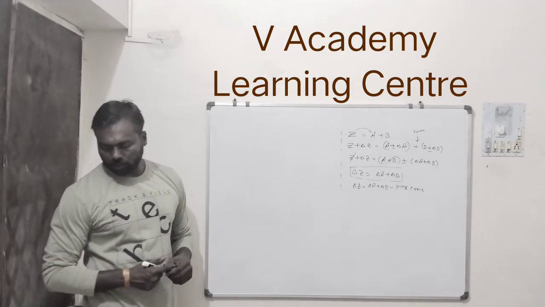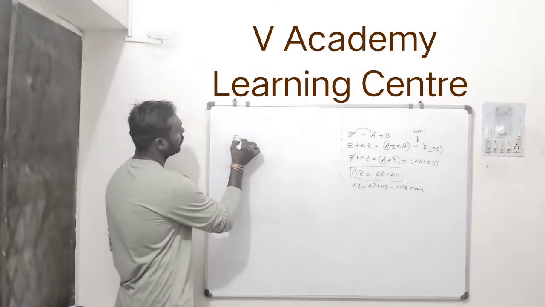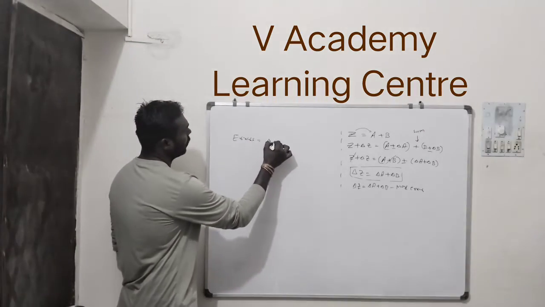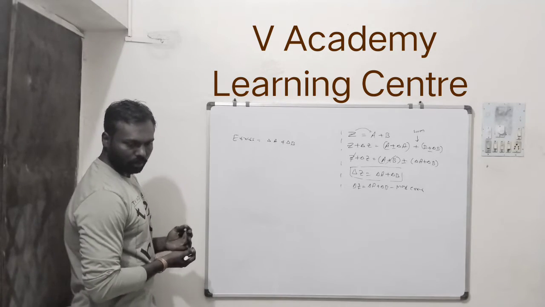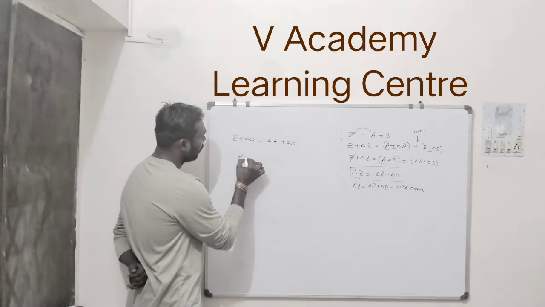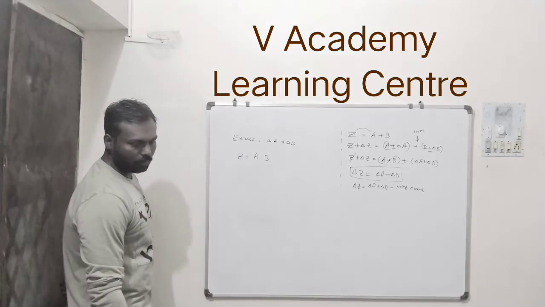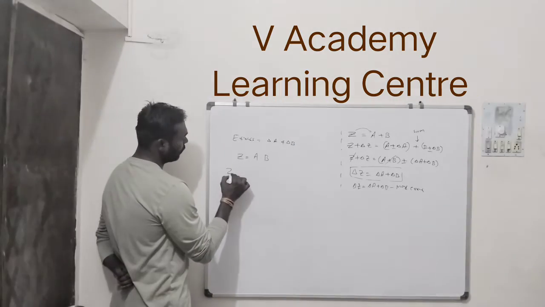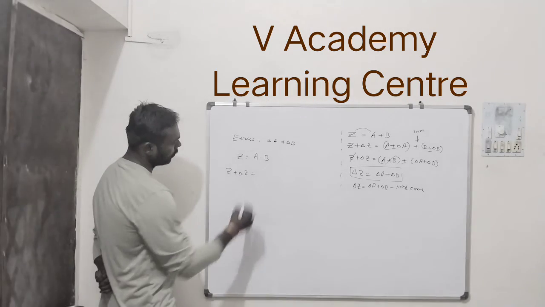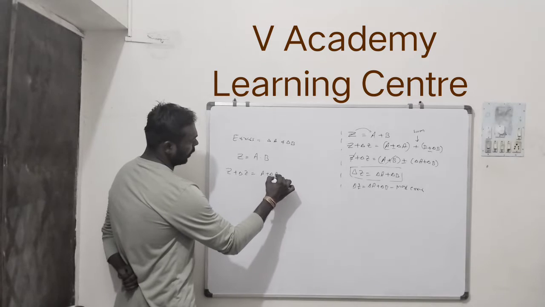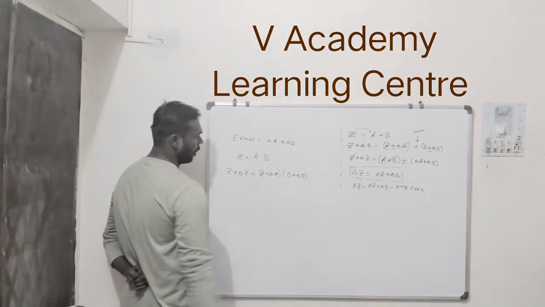Error due to product. Errors delta A and delta B. Correct? So what's z equal to? A into B. Perfect. Then z plus delta z equals A plus delta A into B plus delta B. Correct?